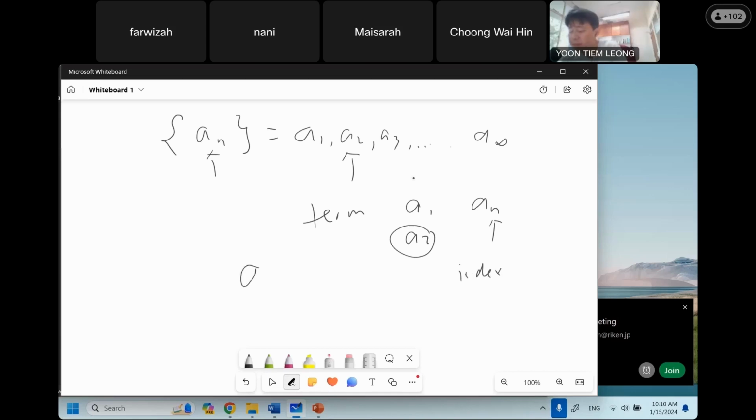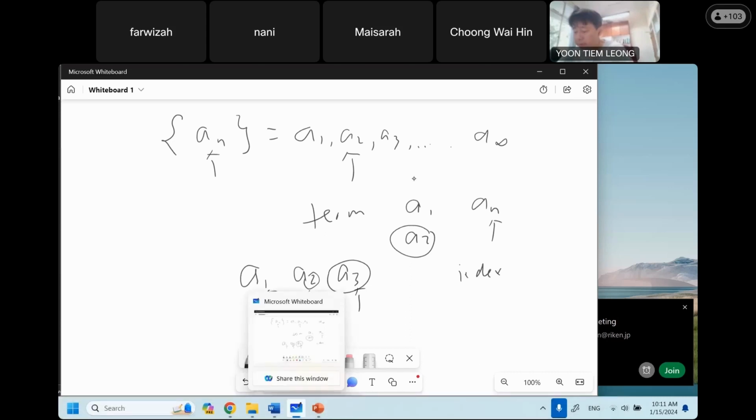So you have, say, for example, A subscript 1, A subscript 2, A subscript 3. Here, the subscript in the term A1 is 1. Here, the subscript 2 is the index n equals to 2. And here, A3, the subscript 3 refers to the third term in the sequence.